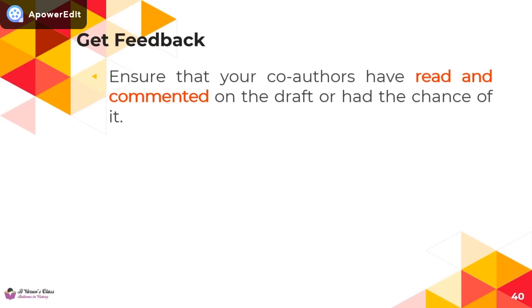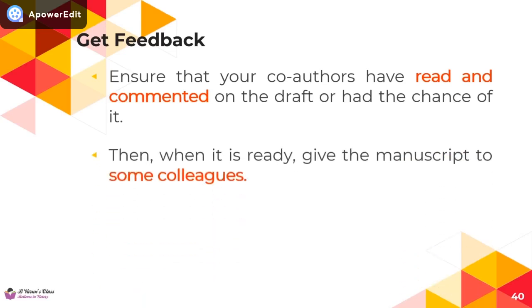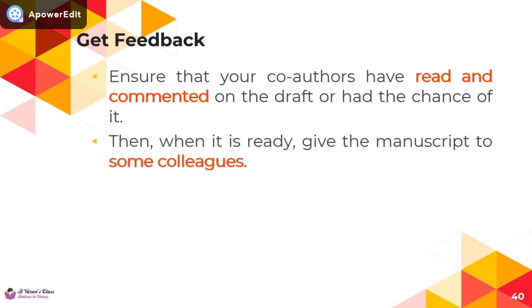Then, when it's ready, give the manuscript to some of your colleagues and ask them to give feedback, either on the logic or language or style or whatever it may be. After you get their comments, revise your manuscript to address the concerns given by the co-authors or by your colleagues. Then you can submit the document.